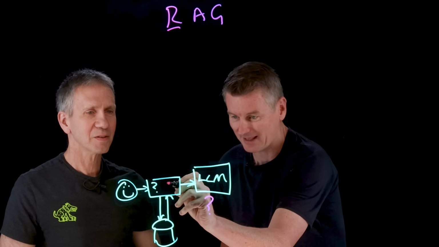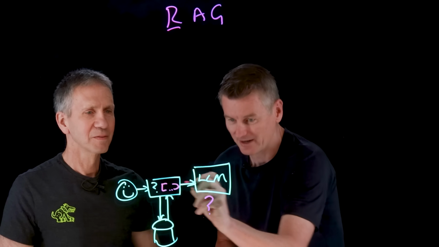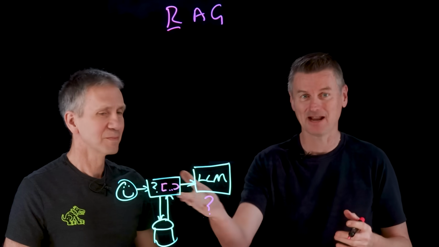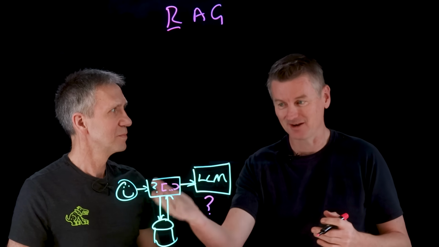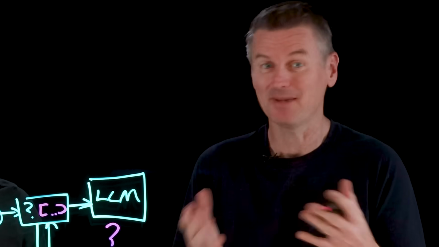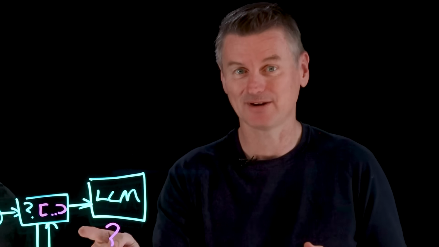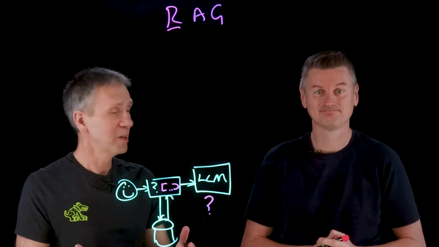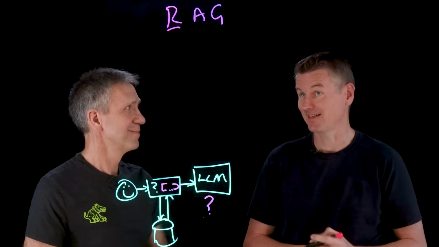And then it can populate that into the query before the large language model actually sees it. So in its context window now, it has the user's initial prompt, plus we have embellished that prompt with some additional relevant information in order for the LLM to be able to answer the question. You've augmented the query. Exactly, that's the A.